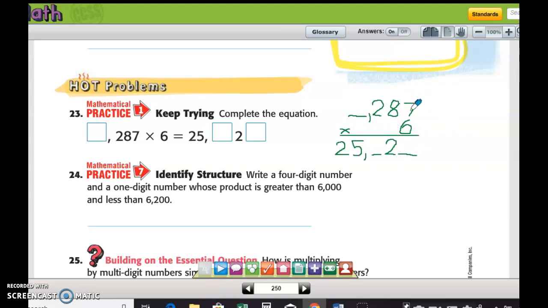Anyway, the numbers are written in columns so that when I'm multiplying, I'm keeping my digits straight and not making the number bigger, have too many or too few place values. But this is this equation just set up stacked instead of written across, which hopefully will be easier for you to solve when you get to number 23 on page 250.